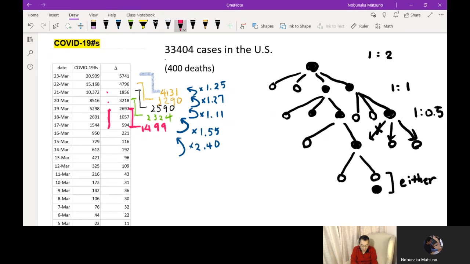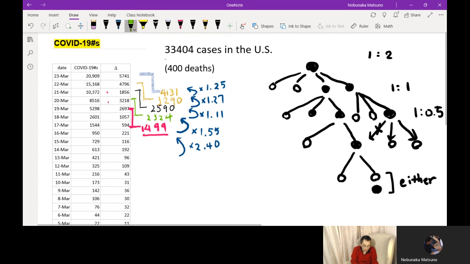If you look at these 3 days, 594, 1057, 2697, and take the 3-day average, it happens to be 1499. I just calculated and filled that in. The next day would be the green line.